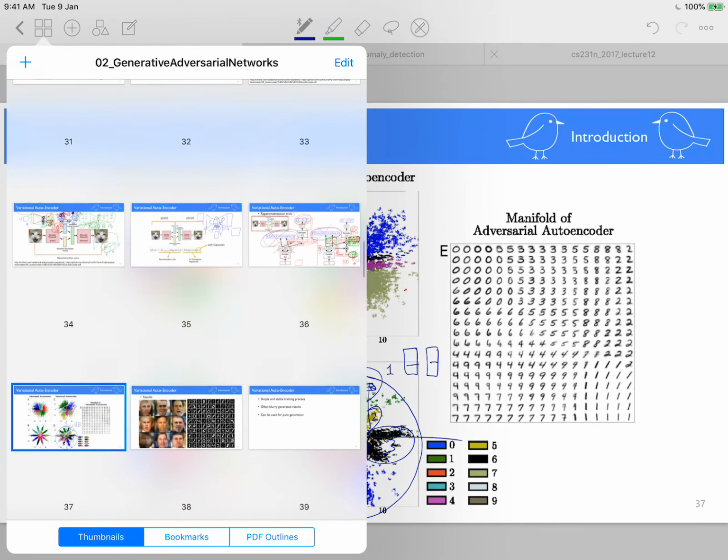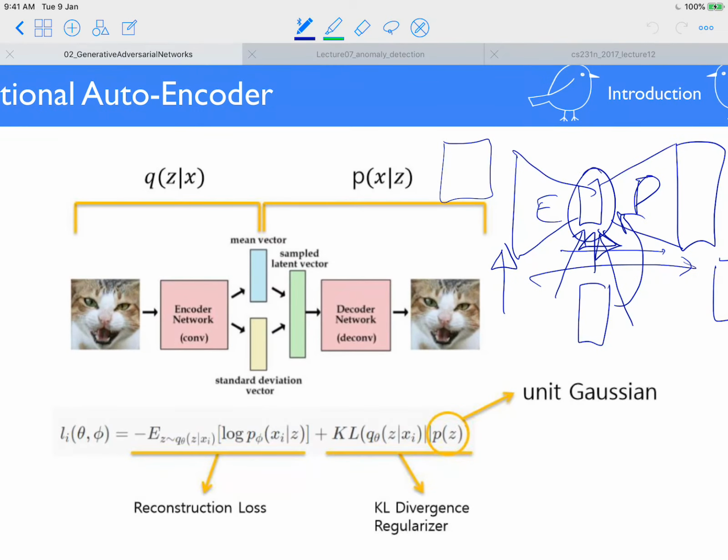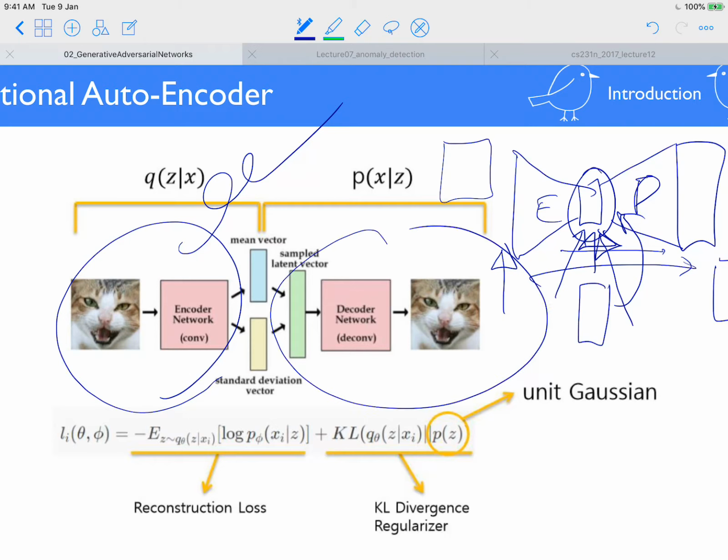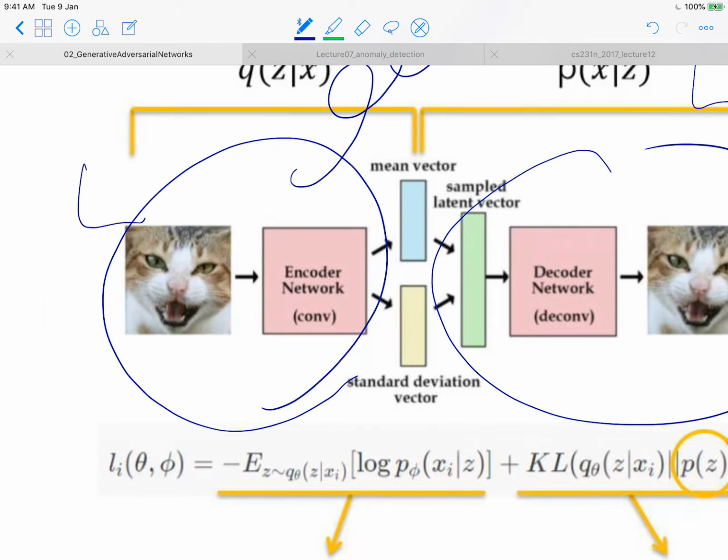In that case, we can throw away the encoder part and use this generator to purely generate the images that we want. Given a particular image, encoding it through our encoder creates the particular mean and variance value.